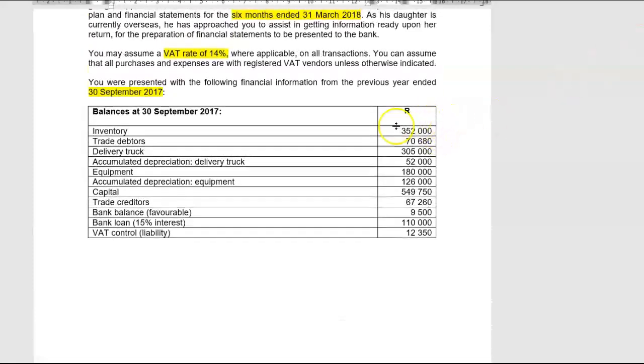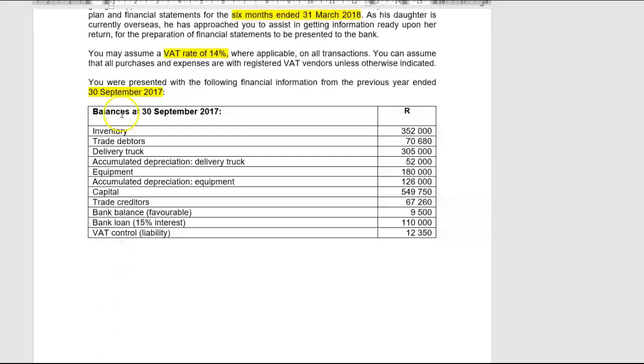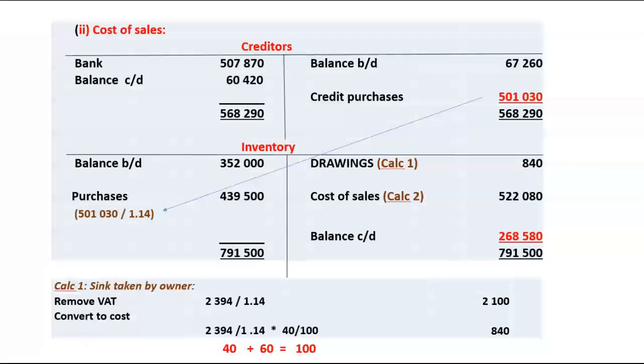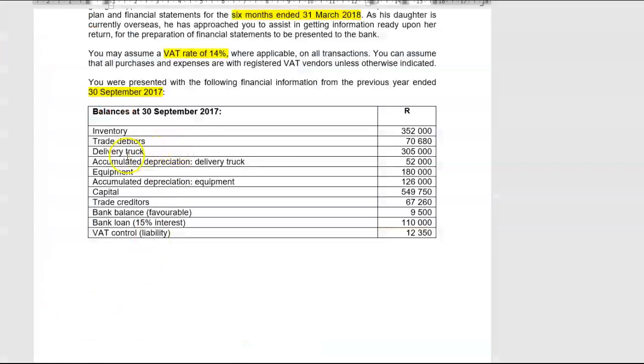So if we go back to our opening balances here, inventory opening balance of 352,000 Rand. So inventory opening balance 352,000. Trade debtors opening balance 70,680. So the debtors opening balance 70,680. Delivery truck, we're not going to be worried about that.